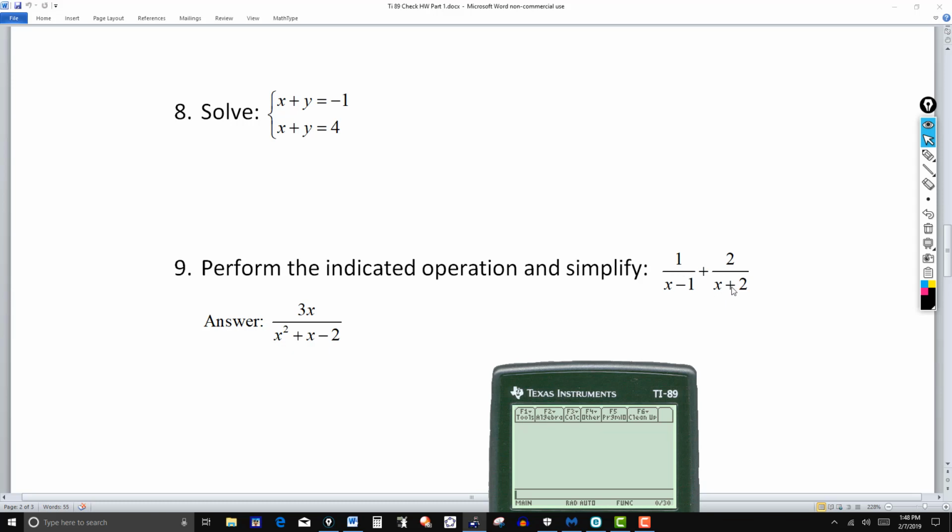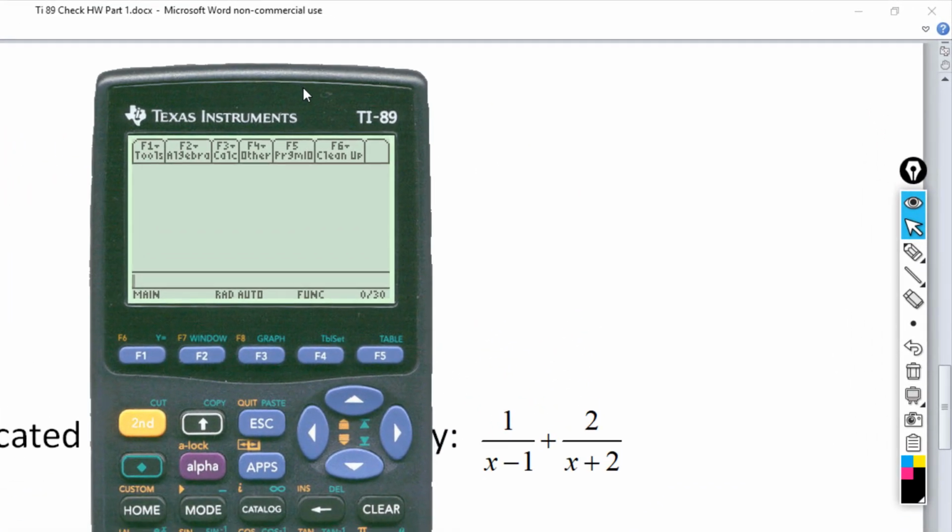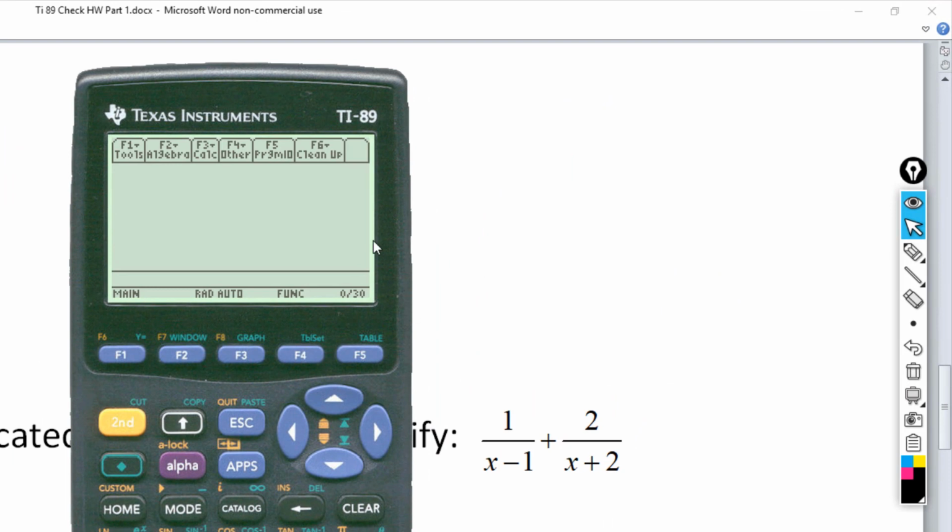But if you got something more complicated than that, different denominators and so forth, then we'll go to F2 and number 6, common denominator, and then we just enter these.